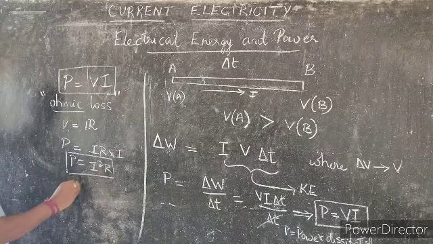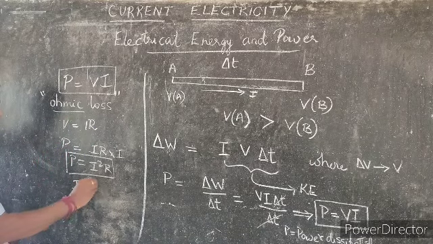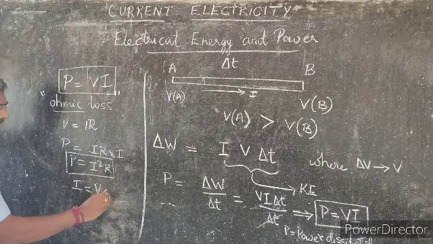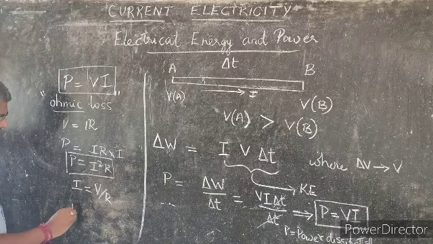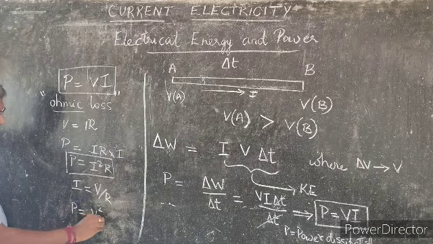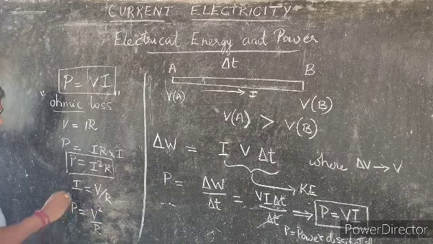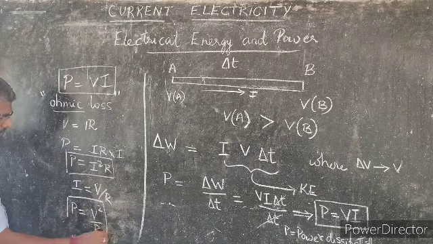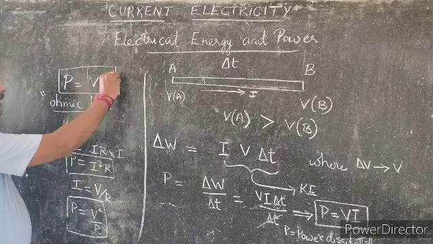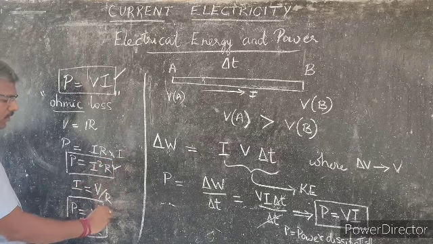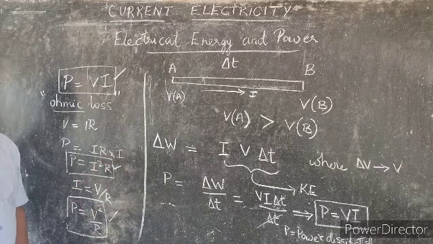Similarly, I can also substitute I equals V by R, which is yet another form of Ohm's law. Then I get P is equal to V square by R. These are the three forms of the power equation.